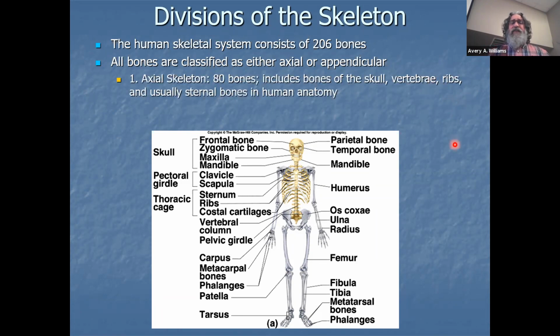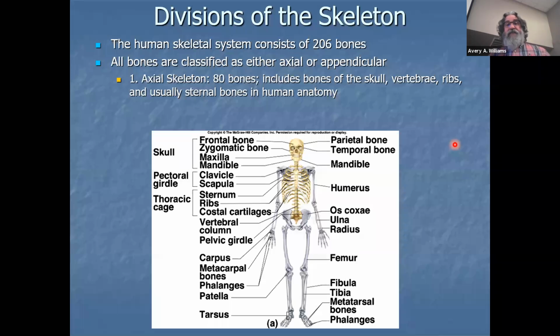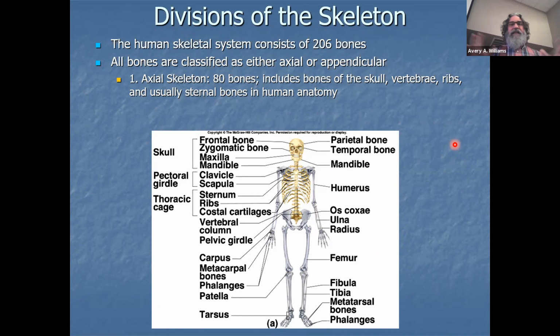The axial skeleton, that's 80 of the 206 bones, includes the bones of the skull. And when we study the skull, we'll see that the skull itself is a skeleton. It's actually called the cranial skeleton. It's going to be comprised of 22 separate bones that come together to form this bony collection. Anyway, all the bones of the skull, all the vertebrae.